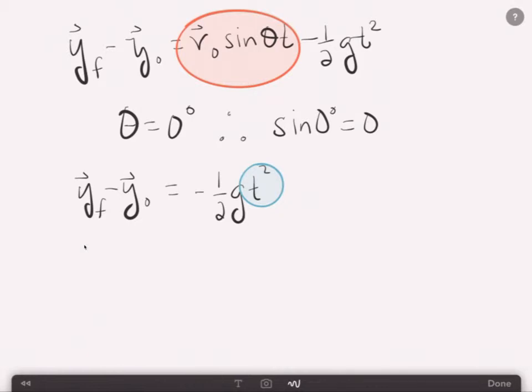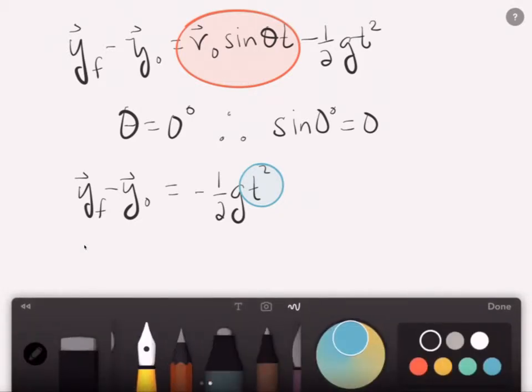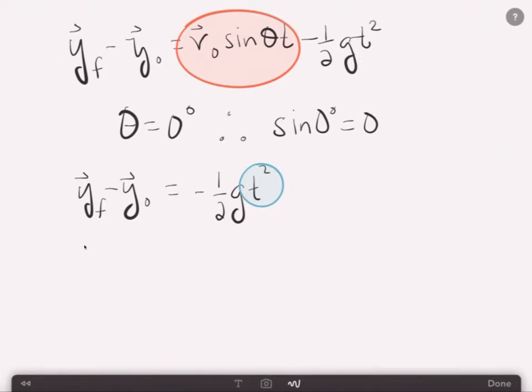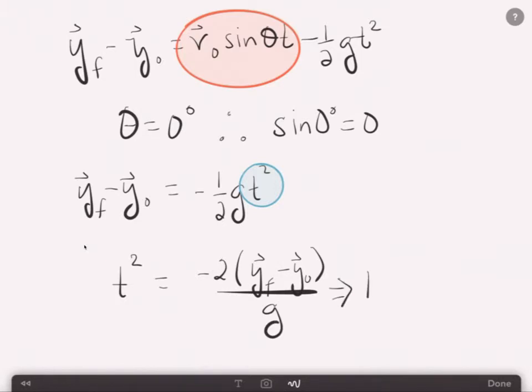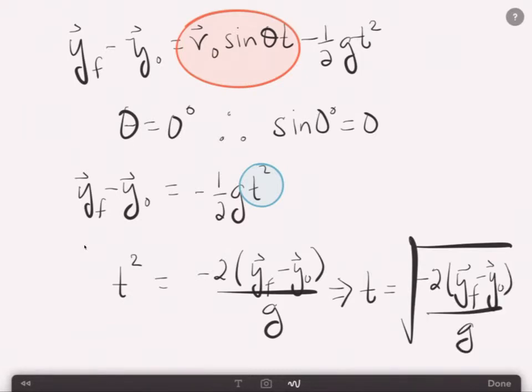And so the time is going to end up being t squared equals negative 2 times the displacement in the y direction divided by g. And this implies that t is equal to the square root of negative 2 times (yf minus y initial) divided by g.